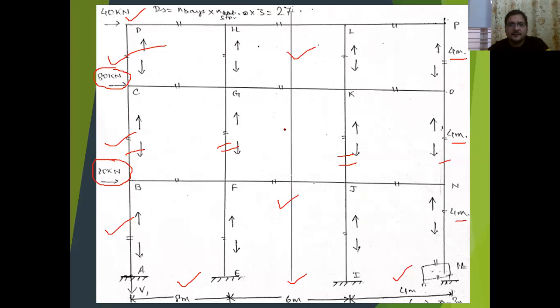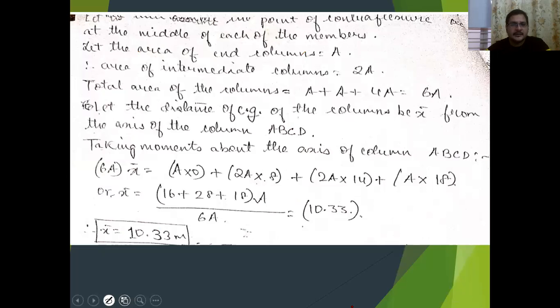So the first thing is to find the distance of the CG of all the column areas, and for that we first need the total area. The area of the exterior columns is taken as A, so the area of the intermediate columns will be 2A, as per the criterion given in the question. So the total sum of the area will be A plus A plus 2A plus 2A, that is 6A. Now, we have to do some calculations, taking the moments of the area of the columns.